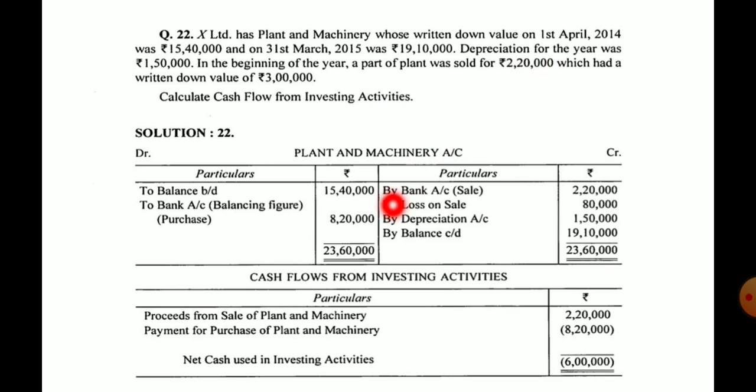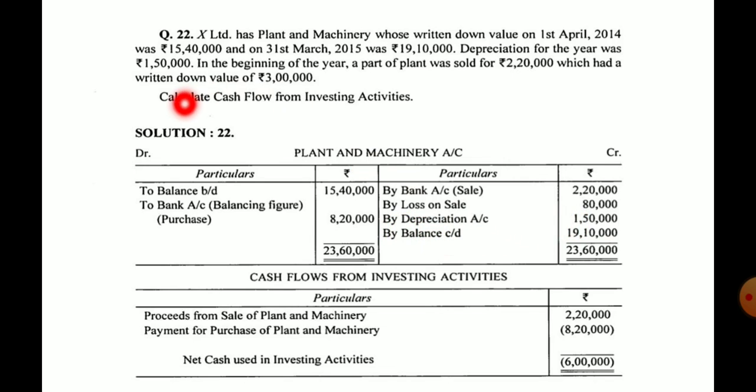There is a loss on the sale because the value is 3 lakh and you sold it for 2,20,000, so the loss will be debited.